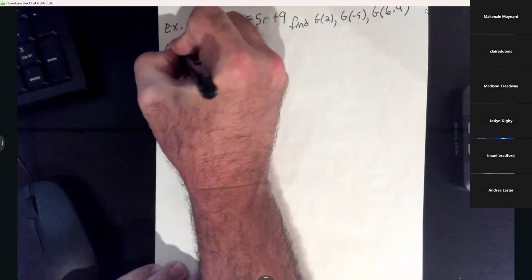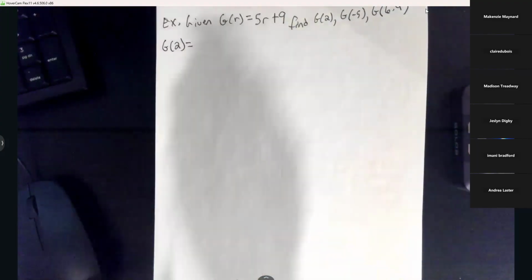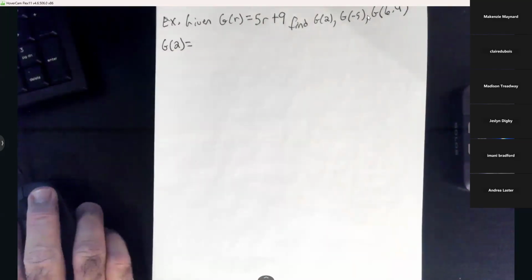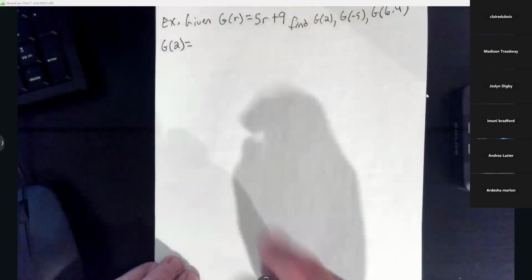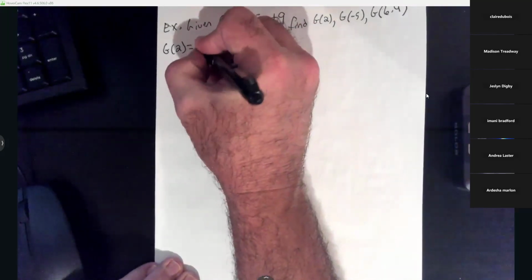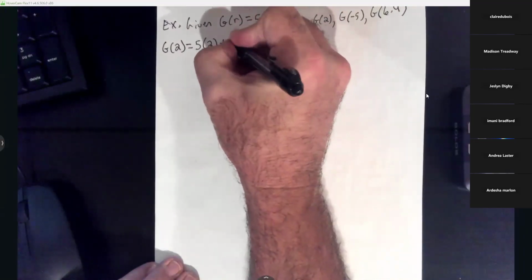So g of 2. Y'all, you're going to take this and put a 2 in for the r. So let's see what that gives me. 5 times r, which is 2, plus 9.